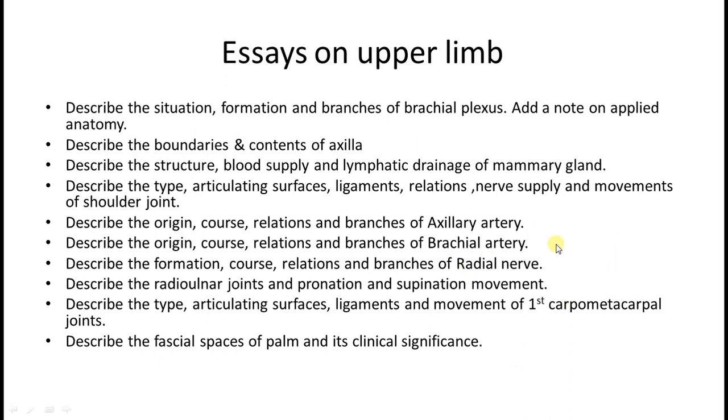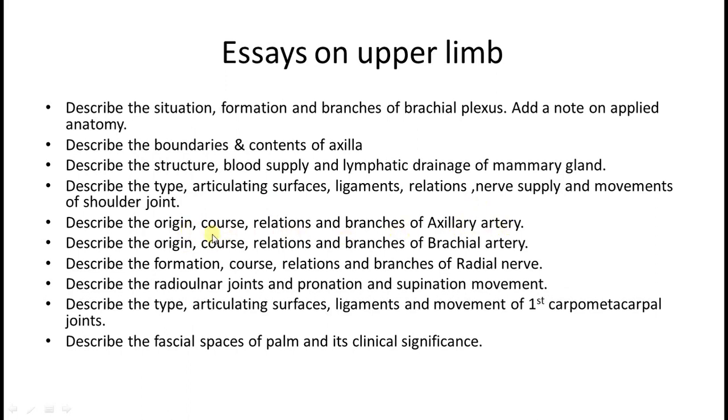So some of the questions which I have discussed here are the brachial plexus, and then axilla is again a very important essay question. Mammary gland, especially you should concentrate on the lymphatic drainage. Then shoulder joint: articulating surfaces, ligaments, relations.